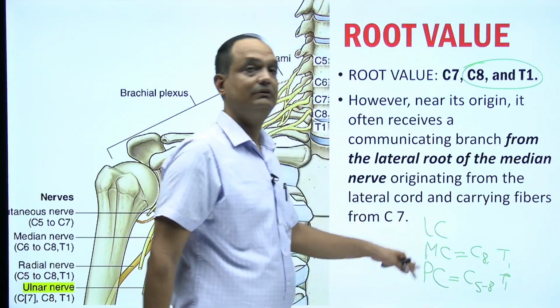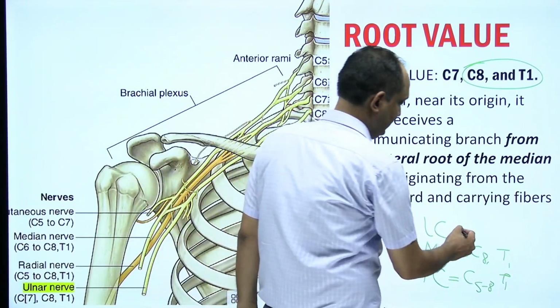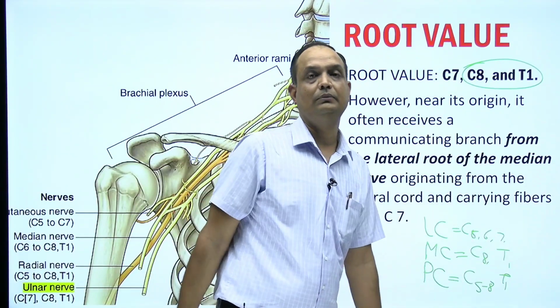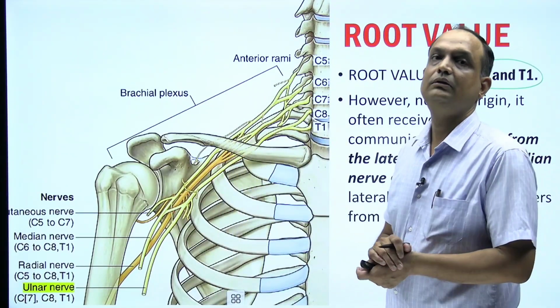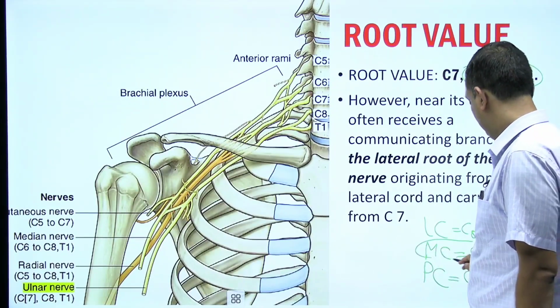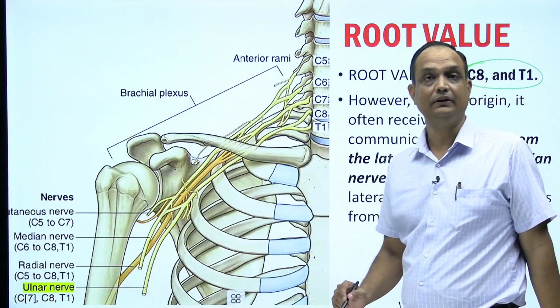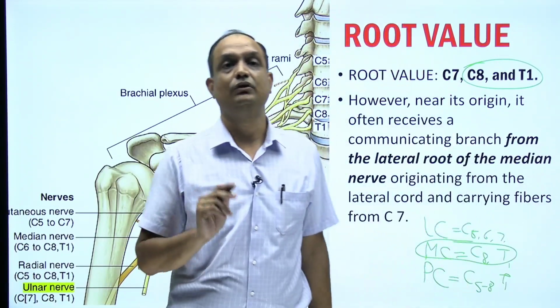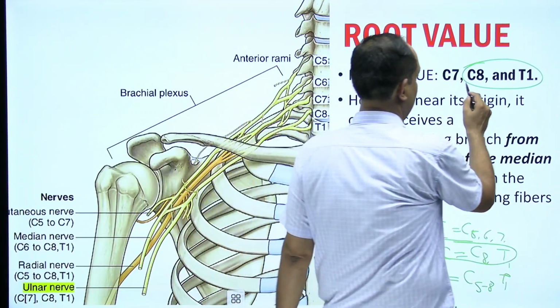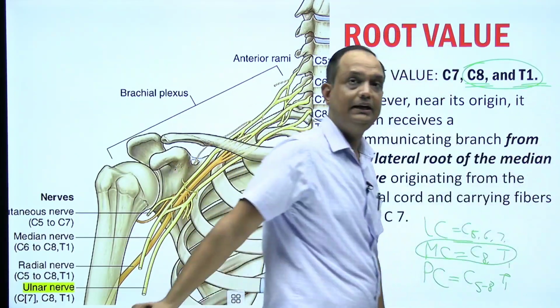The lateral cord has the remaining C5, 6, 7. So the medial cord is formed by the root value of C8 and T1, and the ulnar nerve is a branch of the medial cord, so it should also have the root value of C8 and T1.